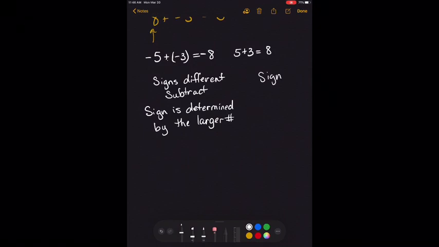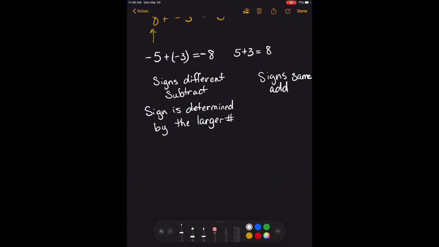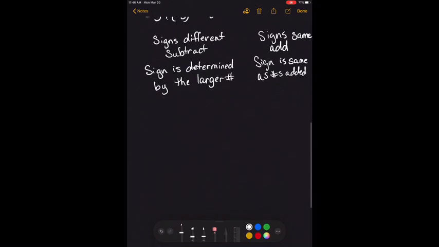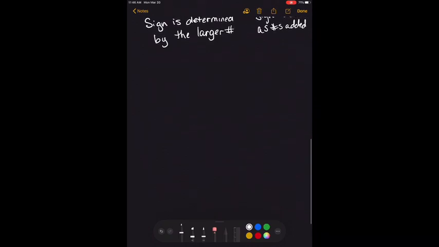If our signs are the same, then we add. Okay, and the sign is the same as the numbers added. Okay, let's do a few more examples.